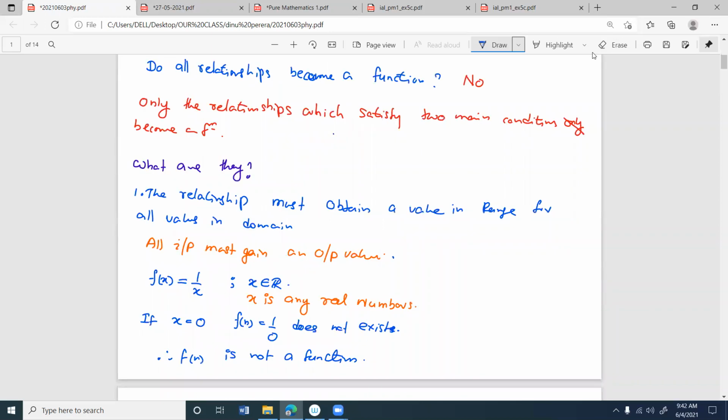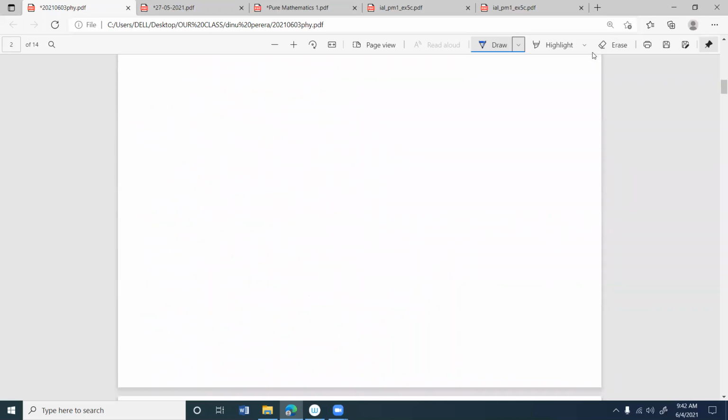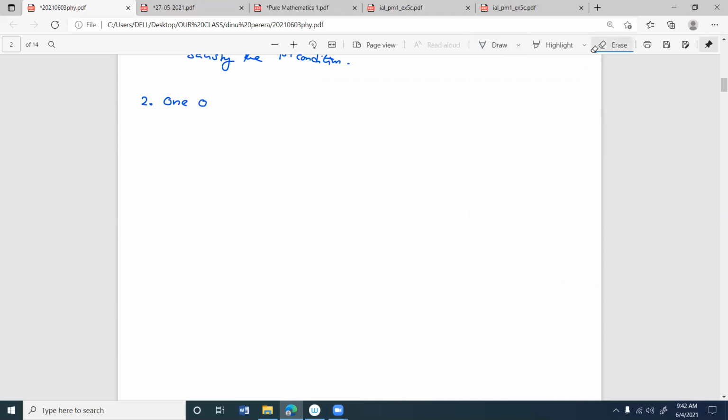The second condition is this: one domain figure must obtain only one answer in the range.